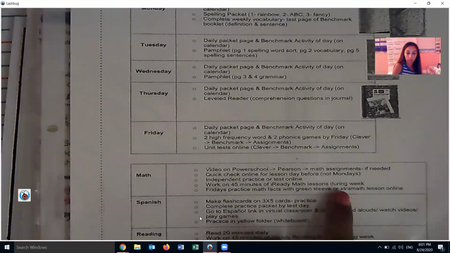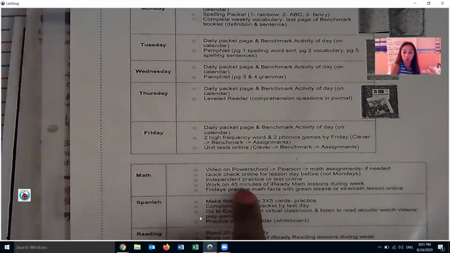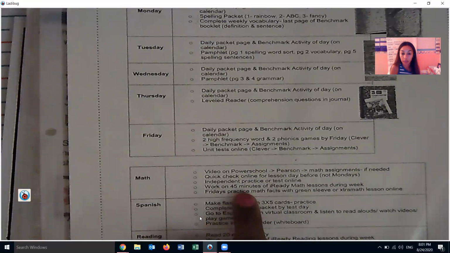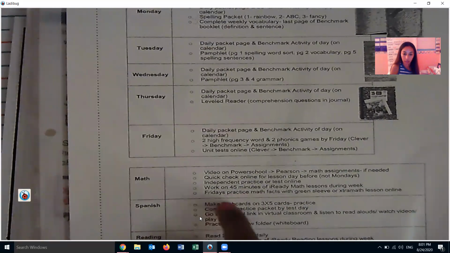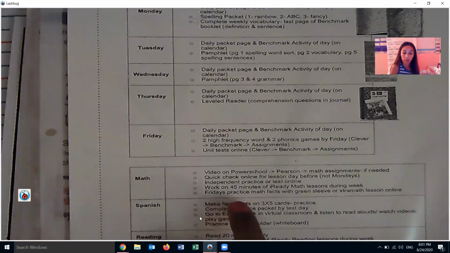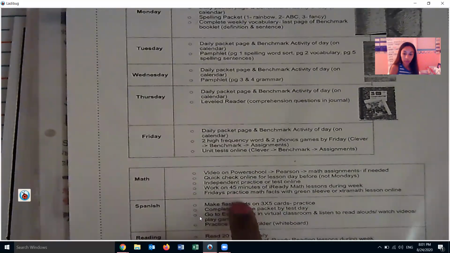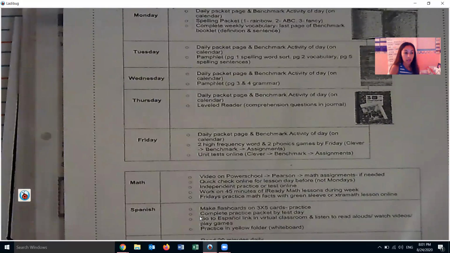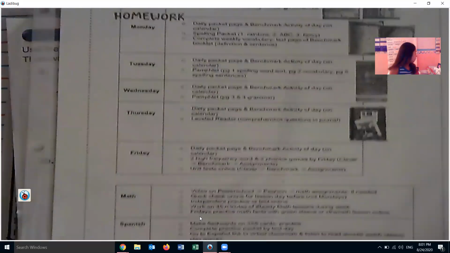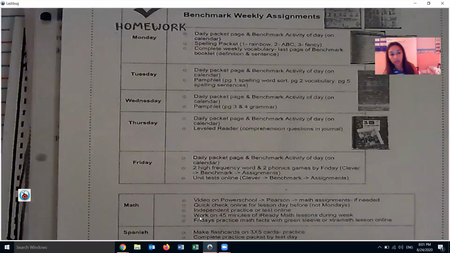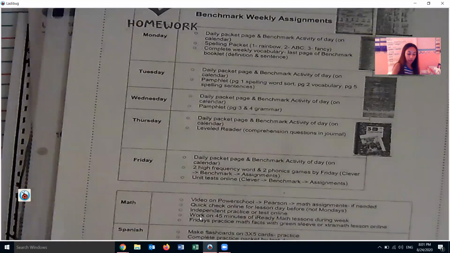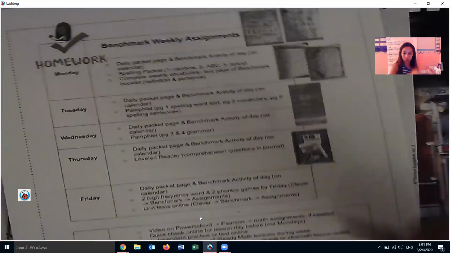So same as reading, 45 minutes is a good goal to get into the practice of whatever lesson you left off in first grade. And then Fridays, we'll talk about this then, but we use those to practice our math facts with the green sleeve or extra math lesson online. So that's that, oh, sorry, I don't have one handy here, but it's the one that has two big numbers.